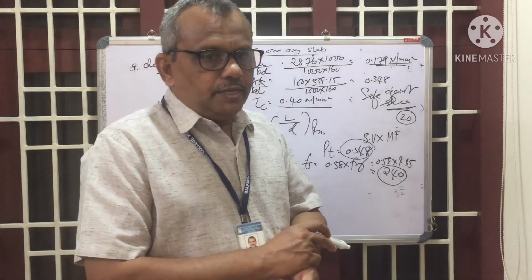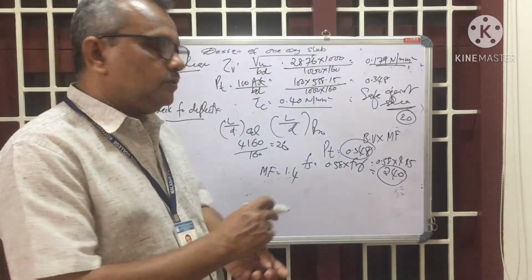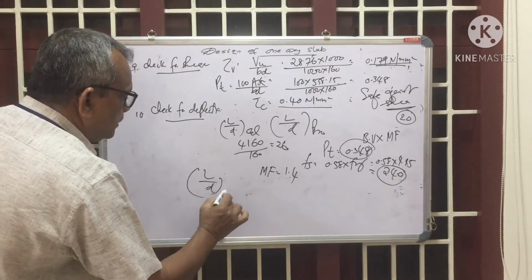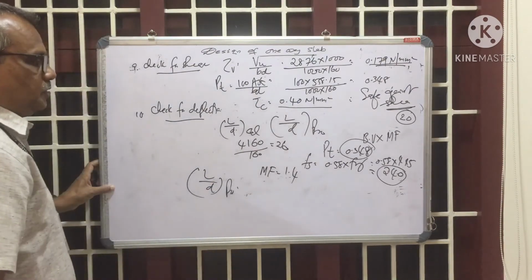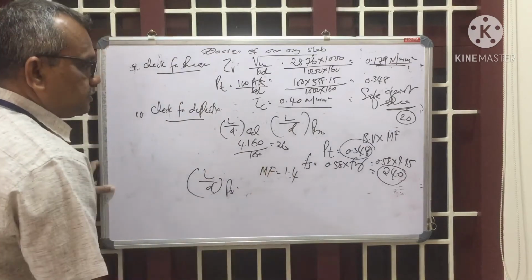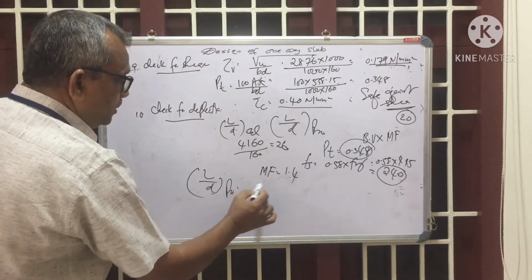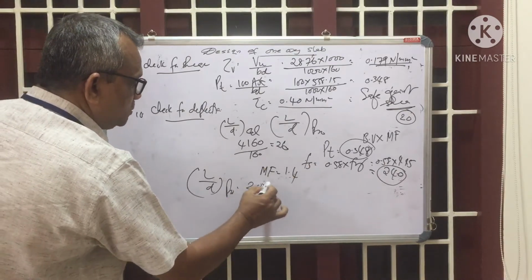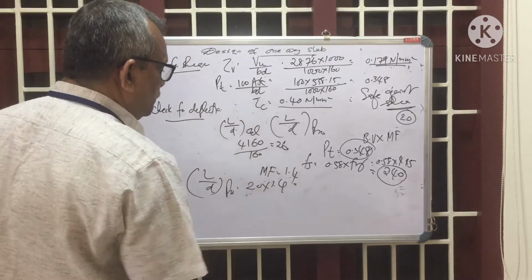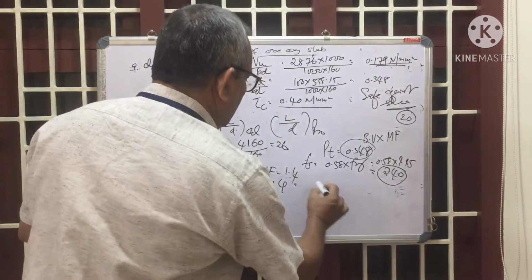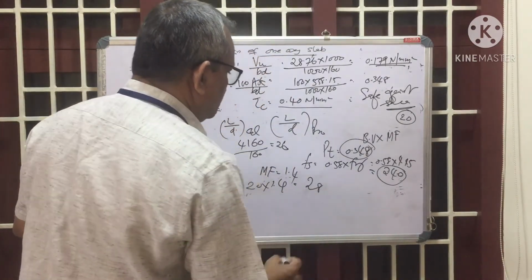Therefore, L by D proposed is the modification factor 1.4 into the basic value 20, that's equal to 28.